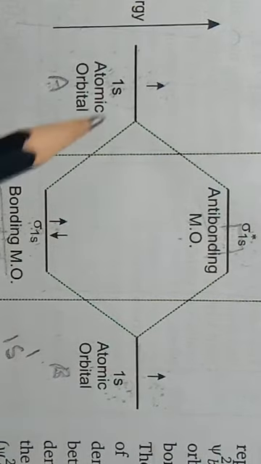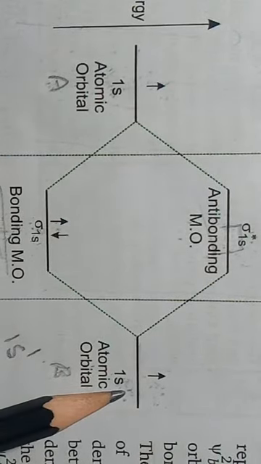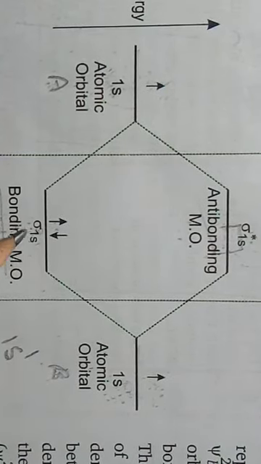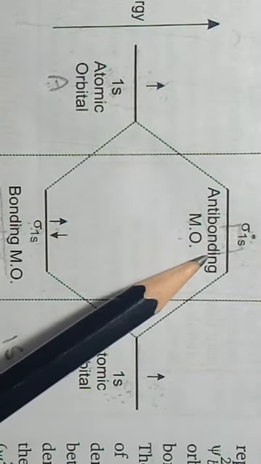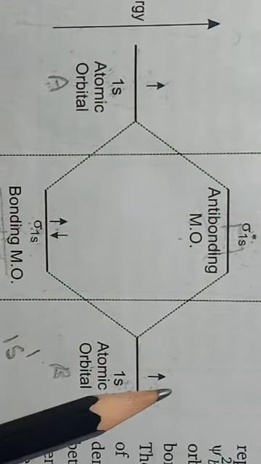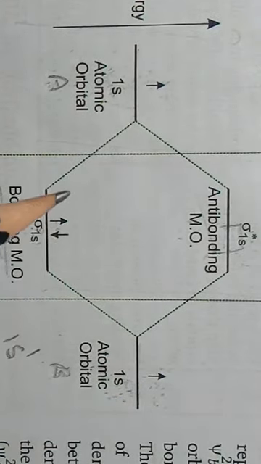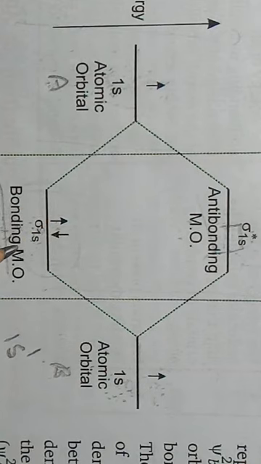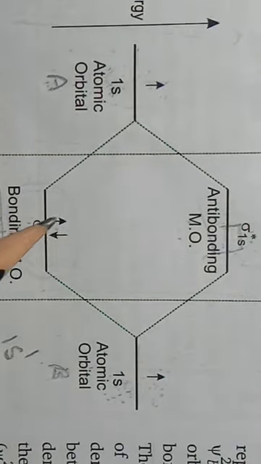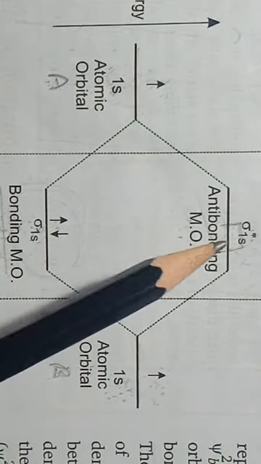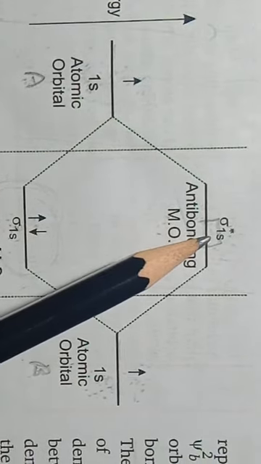These two atomic orbitals form two resultant molecular orbitals, one bonding and the second anti-bonding. But both the electrons coming from the two atomic orbitals will be present in the bonding molecular orbital only, because one molecular orbital can accommodate a maximum of 2 electrons. So the anti-bonding molecular orbital will remain vacant.